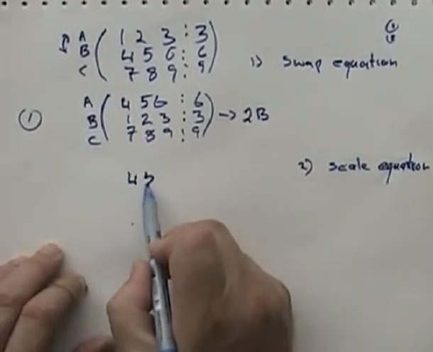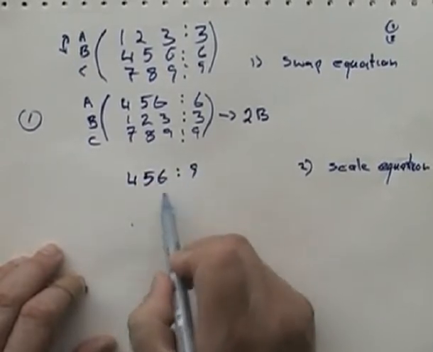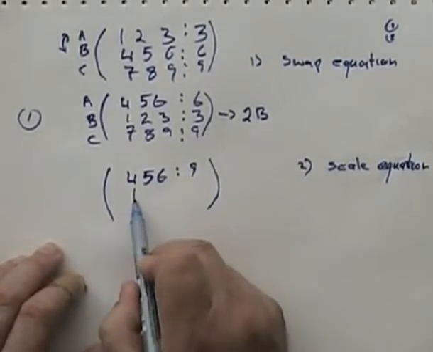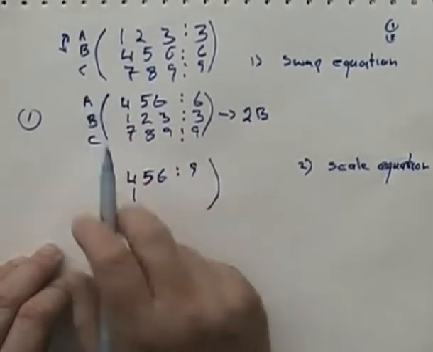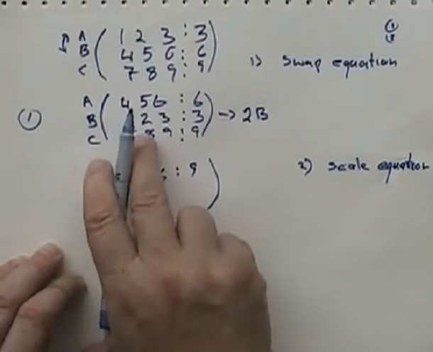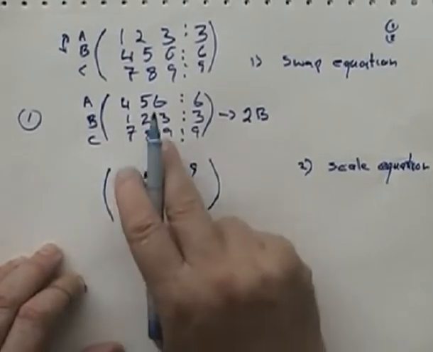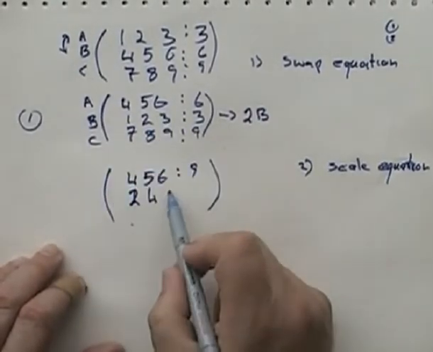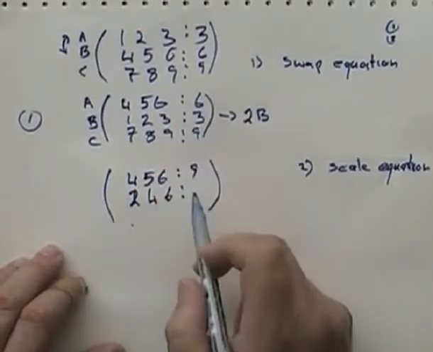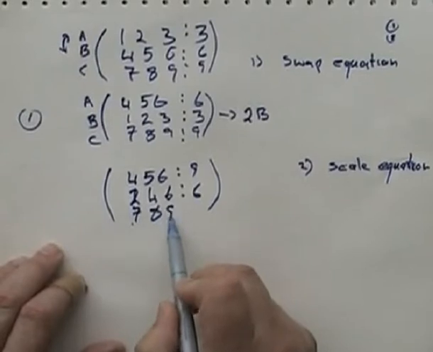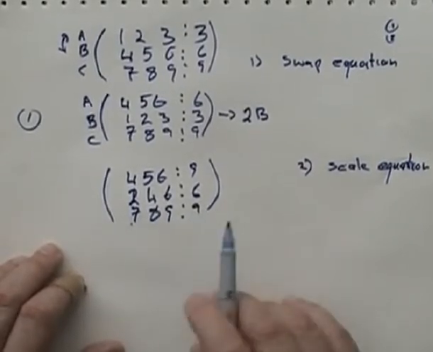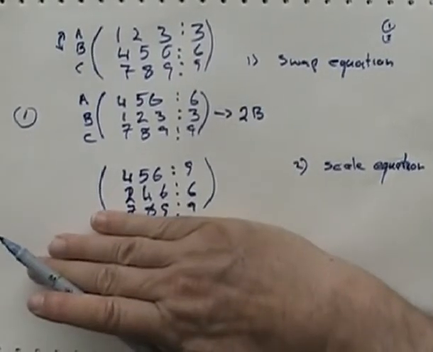So the first row does not change at all. The second row I now multiply by 2 because I've said 2B. So 1 times 2 is 2. 2 times 2 is 4. 2 times 3 is 6. 2 times 3 is 6. 7, 8, 9.